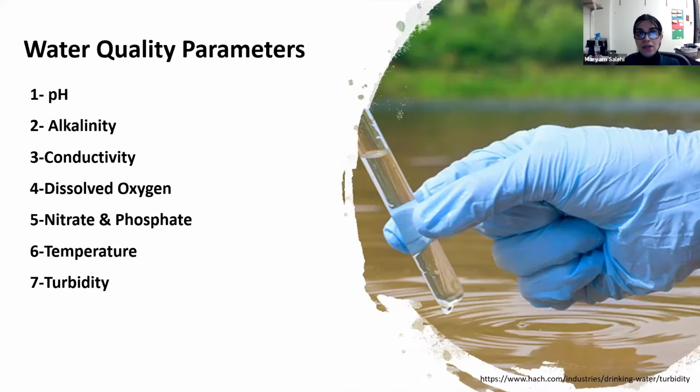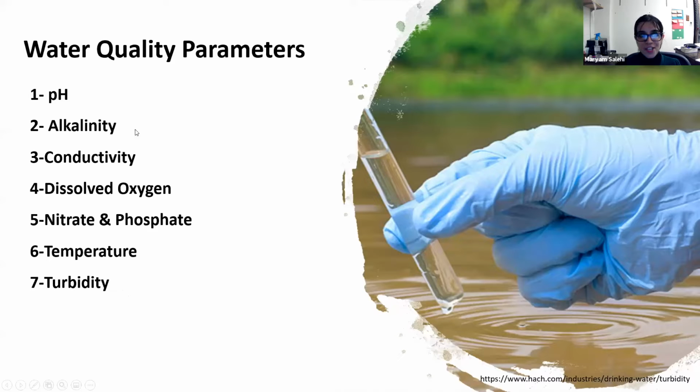There are several basic water quality parameters that are important in terms of a healthy freshwater system. One of them is pH. We have alkalinity, conductivity, dissolved oxygen, nitrate and phosphate, temperature and turbidity.